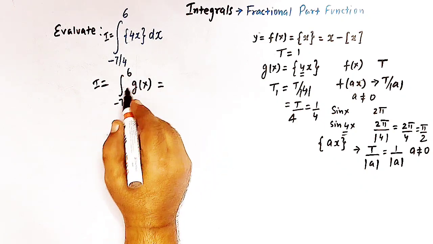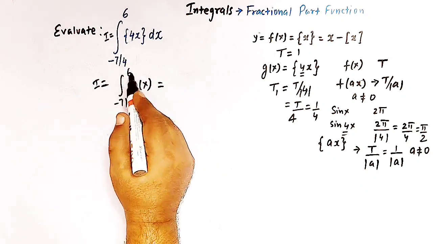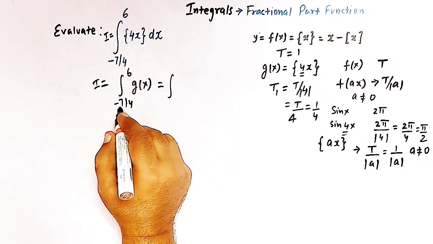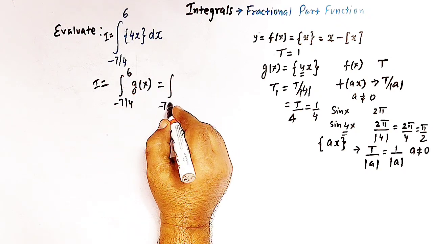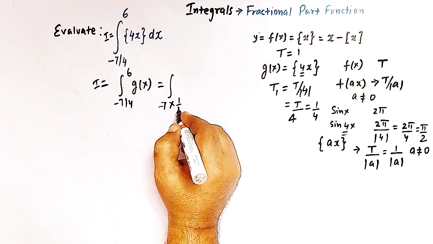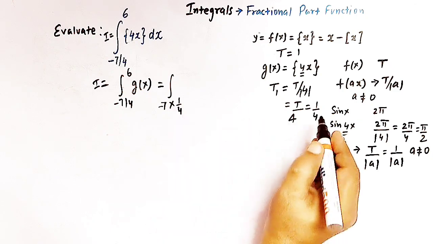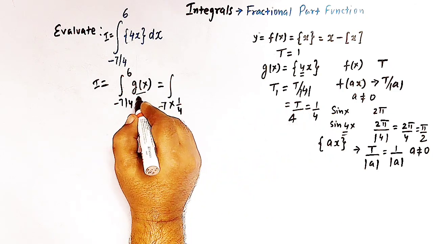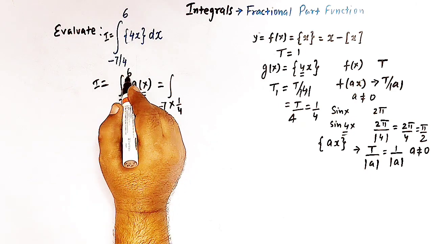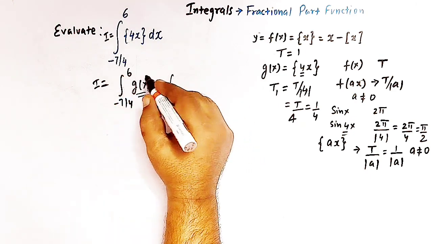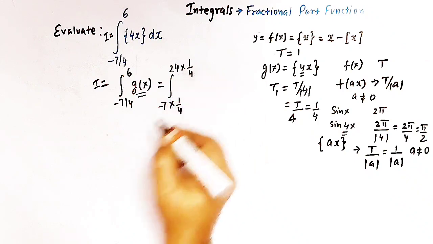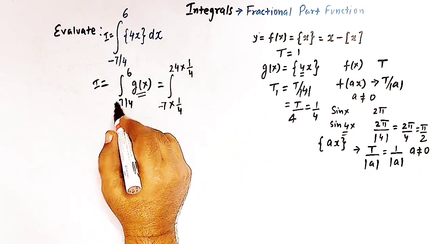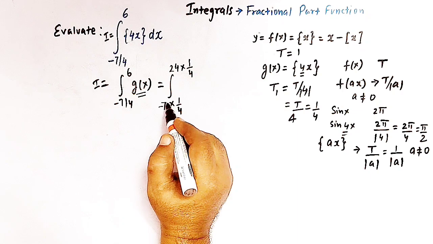Now let us rewrite the limits in the form that is minus 7 over 4 can be written as minus 7 times 1 over 4, because 1 over 4 is the period of g of x, and here we have 6, so let us write 6 as 24 times 1 over 4. So we have now expressed the limits in this form.